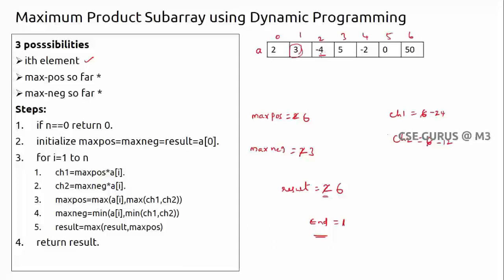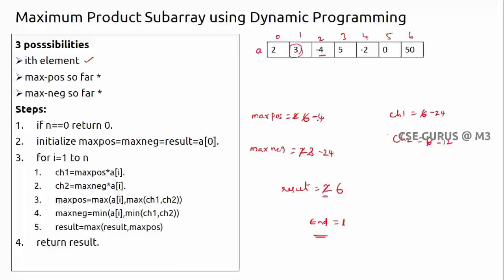The current element is -4, then -24, -12. What is the maximum value? It is -4. And maximum negative, which is the minimum value among -4, -24, -12, is -24, right? So now you can observe that the maximum positive you got is -4.